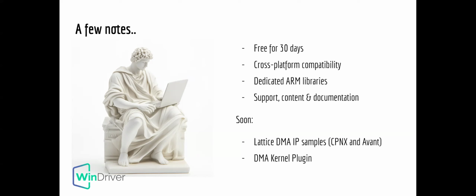ARM is rising, the usage in ARM processors. WinDriver is ARM compatible. We have dedicated ARM libraries. So again, a huge advantage if you're using ARM, you can do what we are doing here, and it will be compatible.